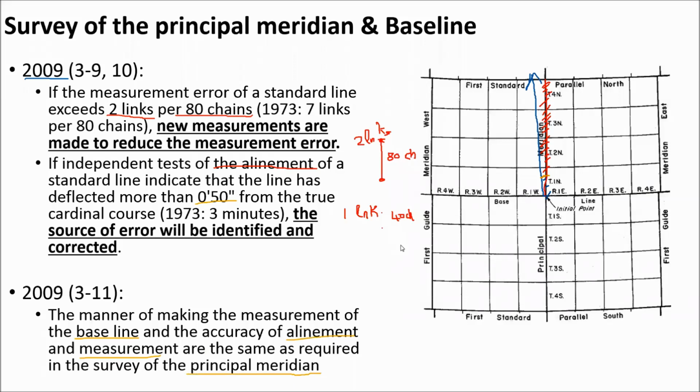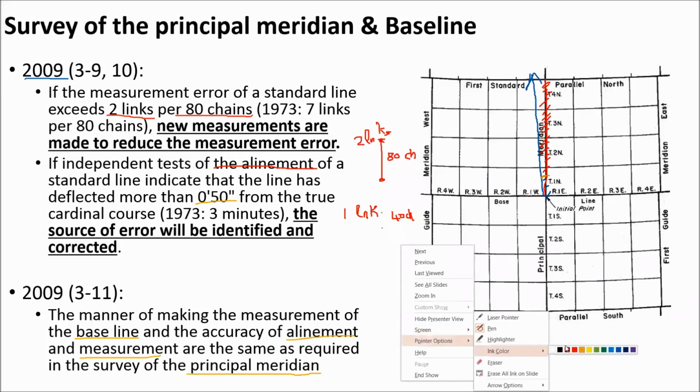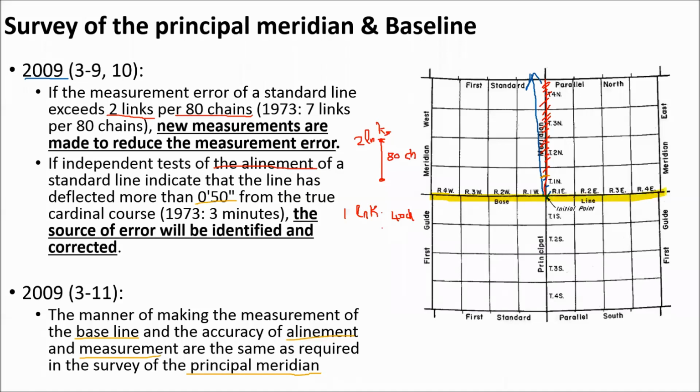So it does describe itself here. What does that mean? That means for the principal meridian, we have to follow the 2 links per 80 chains and the 50 seconds according to the 2009. That is the same. You see the word same as those for the principal meridian. Both measurements and alignments should be exactly the same.